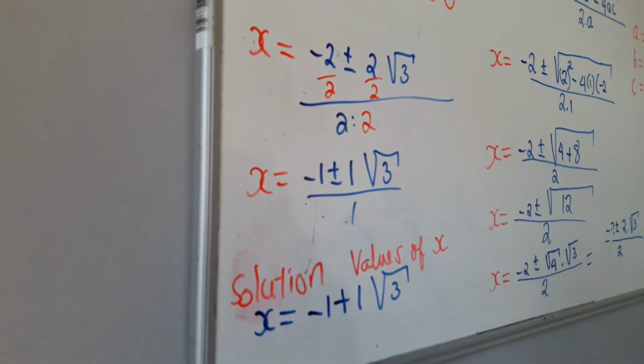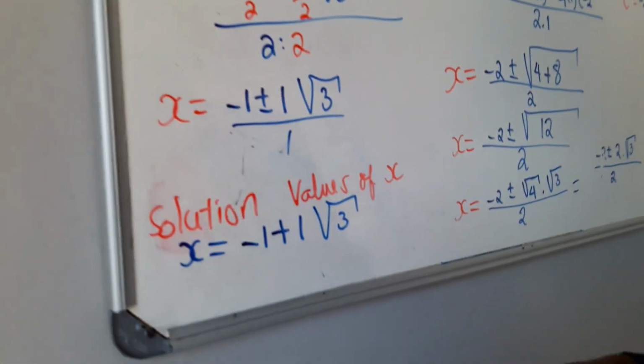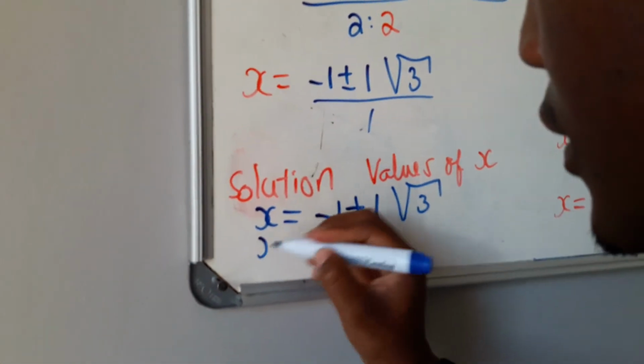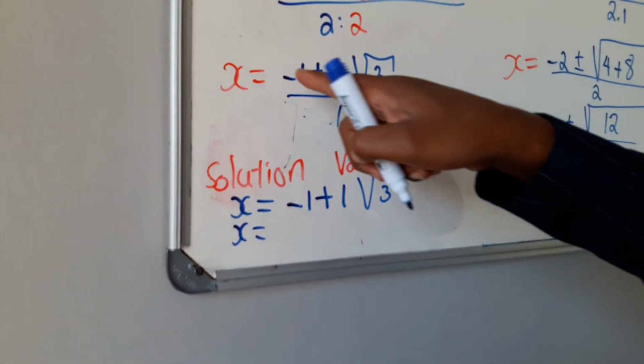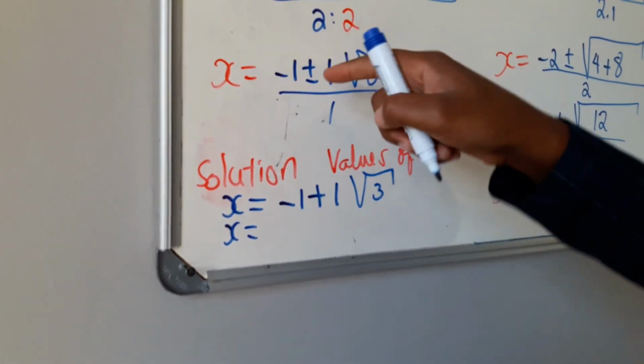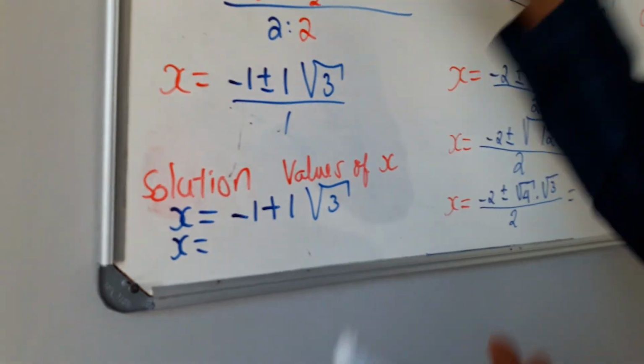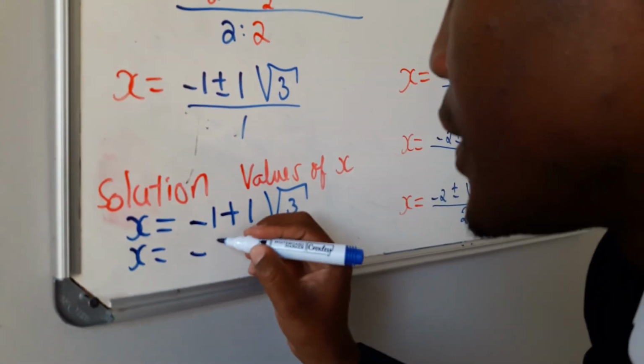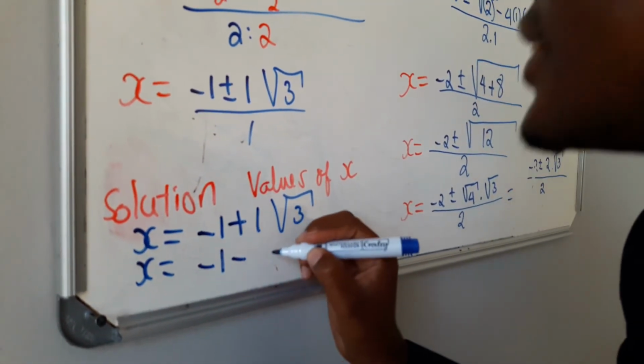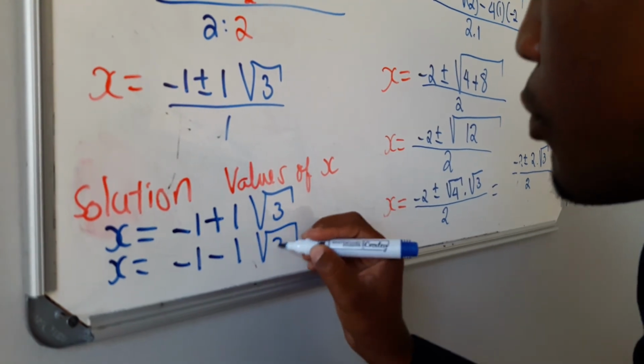That's one value of x. Or another value of x can be as well, now minus 1 in this case, because you see plus minus, it means you can use either plus or minus. So I can use -1 minus 1 times the square root of 3.